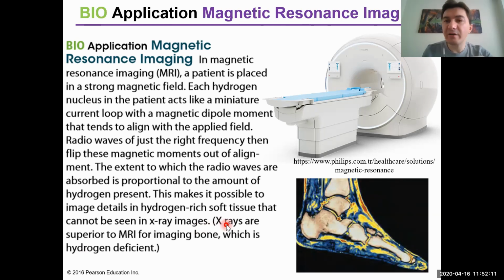So when you go to the doctor, for example, in the hospital, there are more or less three possible imaging methods, okay? He or she can send you to X-ray imaging or computed tomography or magnetic resonance imaging. So what are the main differences? If you would like to get detailed images concerning bones, okay, X-rays are superior.